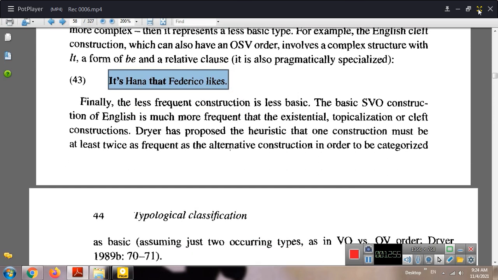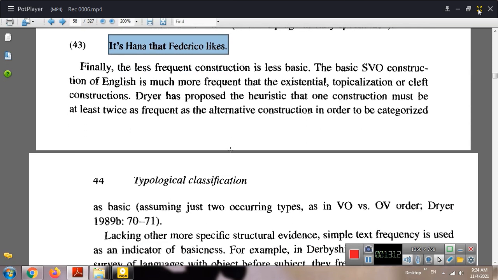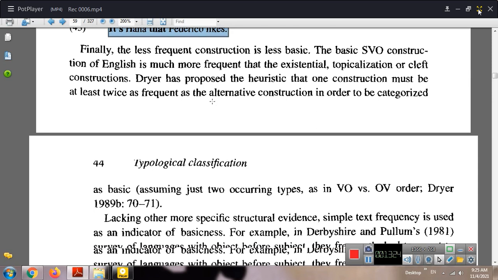Finally, the less frequent construction is less basic. Again, here, based on frequency, we explain this matter. The less frequent construction is the less basic. The basic subject, verb, object construction of English is much more frequent than the existential, topicalization, or cleft construction.